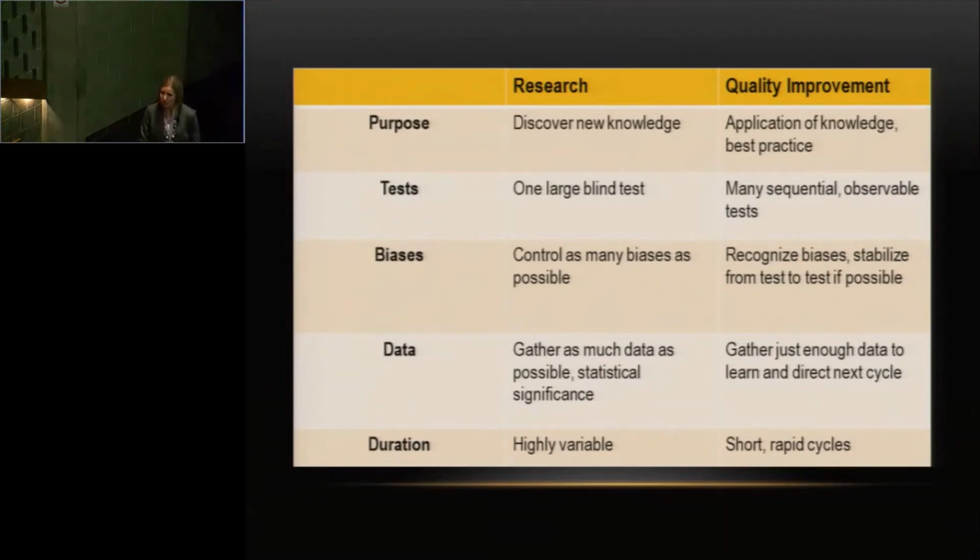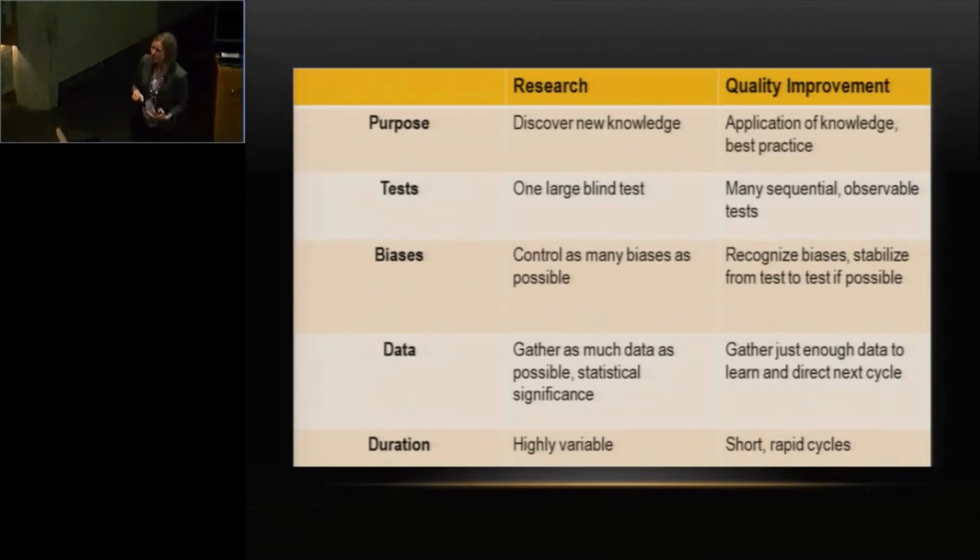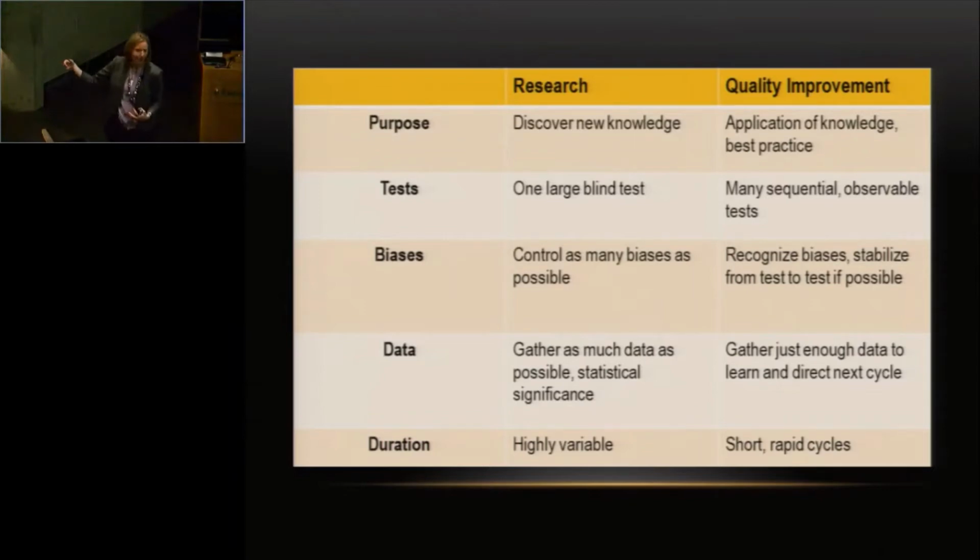Small cycles of change. Research, you want to have enough data to power the study, okay? You want to have enough data to know that the results that you're getting, you're incredibly confident in, and it's reproducible. In quality improvement, you want to get enough data that you know that you're heading in the right direction. Okay, because that's probably not all the data that you're going to be after. You're going to keep doing small cycles of change and getting more and more data to move things in the right direction.